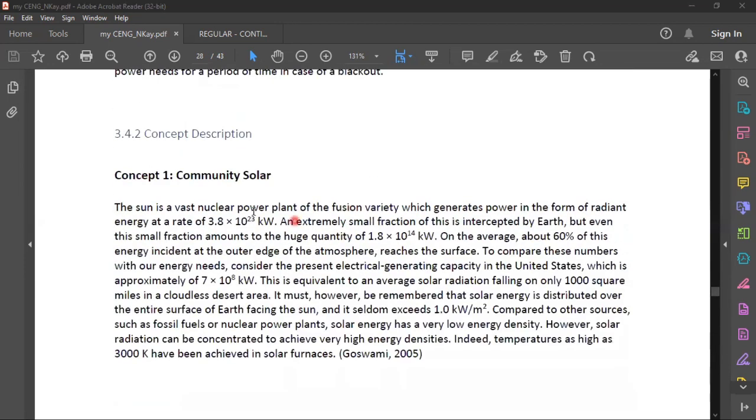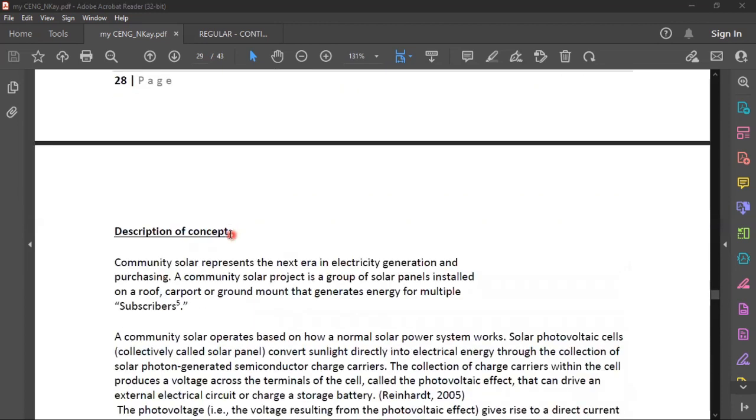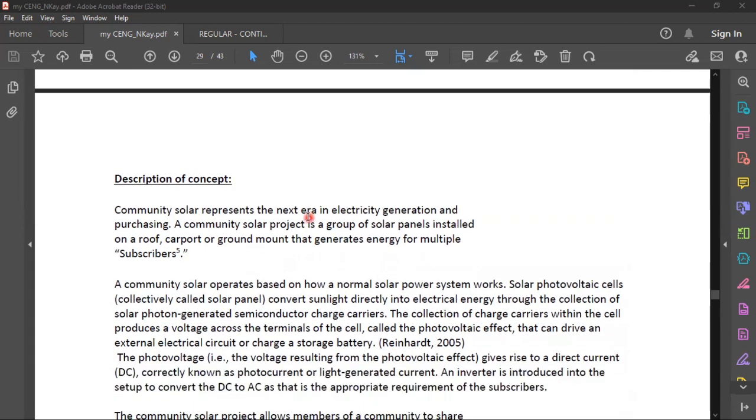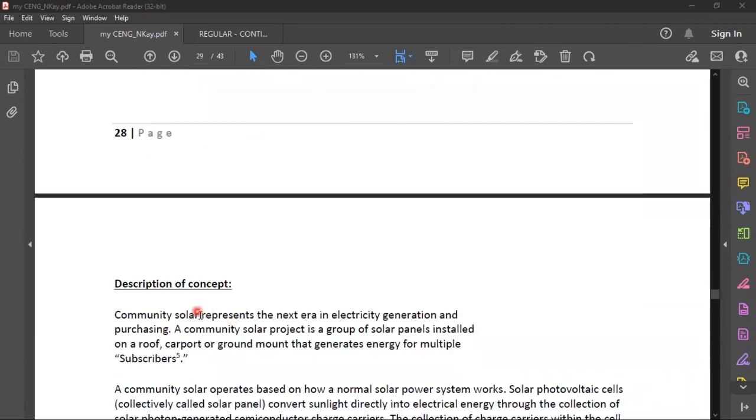Now, after the concept, what you have to do is describe the concept. The description of the concept is how you would actually use that concept to solve the problem. With the community solar, let's read what is here.